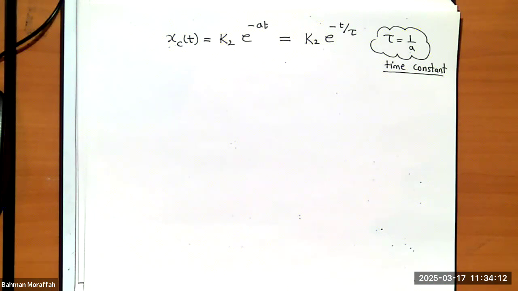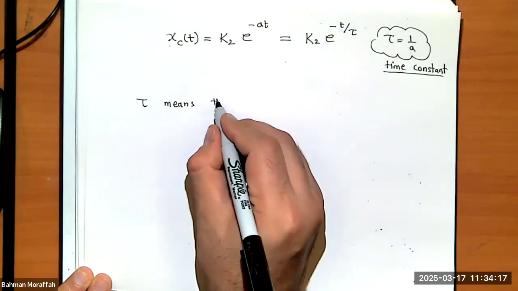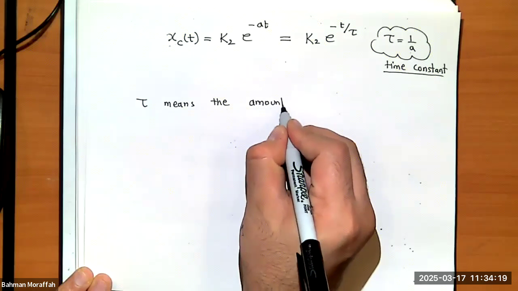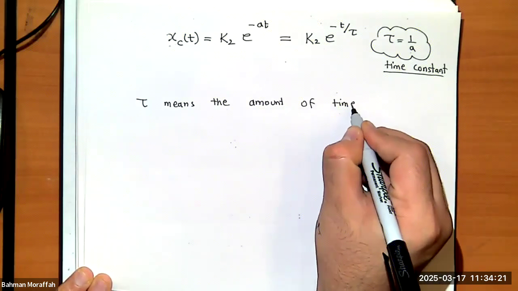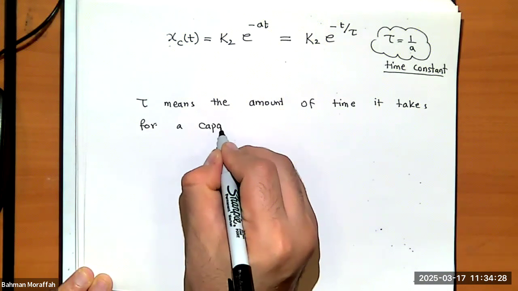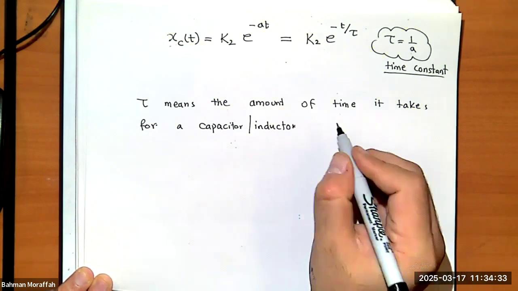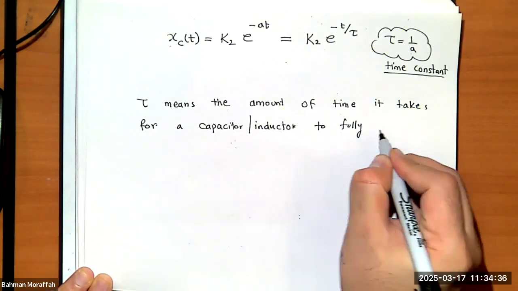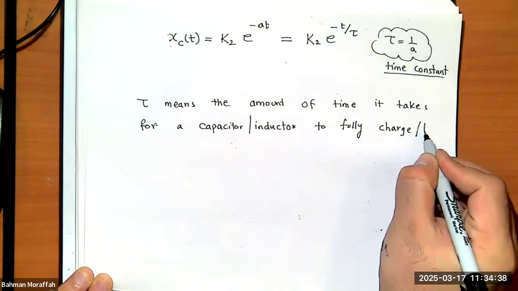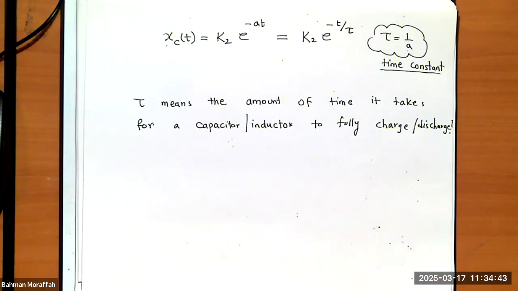So tau means the amount of time it takes for a capacitor or inductor to fully charge or discharge. Right?